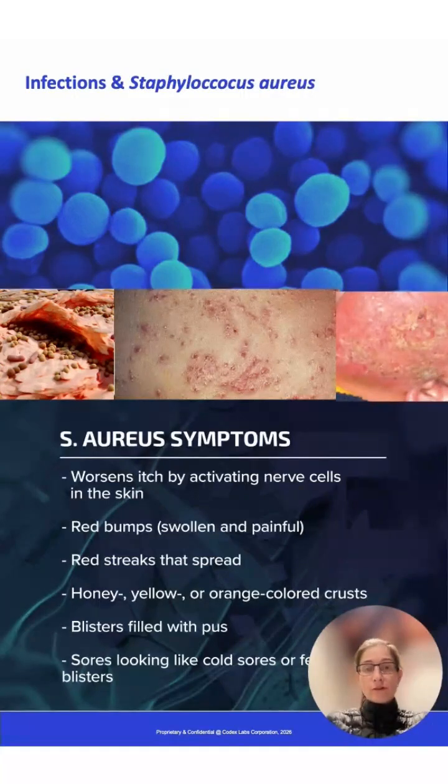Even more dangerous are strains of Staph aureus that are resistant to antibiotics like MRSA, methicillin-resistant S. aureus. An S. aureus infection typically starts as red bumps or red streaks that can evolve into sores, pus-filled blisters, or yellow-colored crusts. For those undergoing cancer therapy, these infections can lead to severe itch, which leads to scratching, bleeding, and a higher risk of not only spreading the infection through the fingernails, but into the bloodstream.